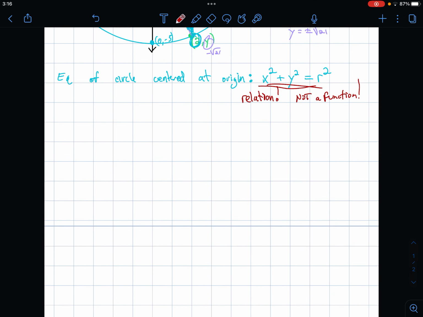If I try to isolate y and say y was a function of x, I would get y squared equals r squared minus x squared. Y would be equal to plus or minus the square root of r squared minus x squared. But that's two things.